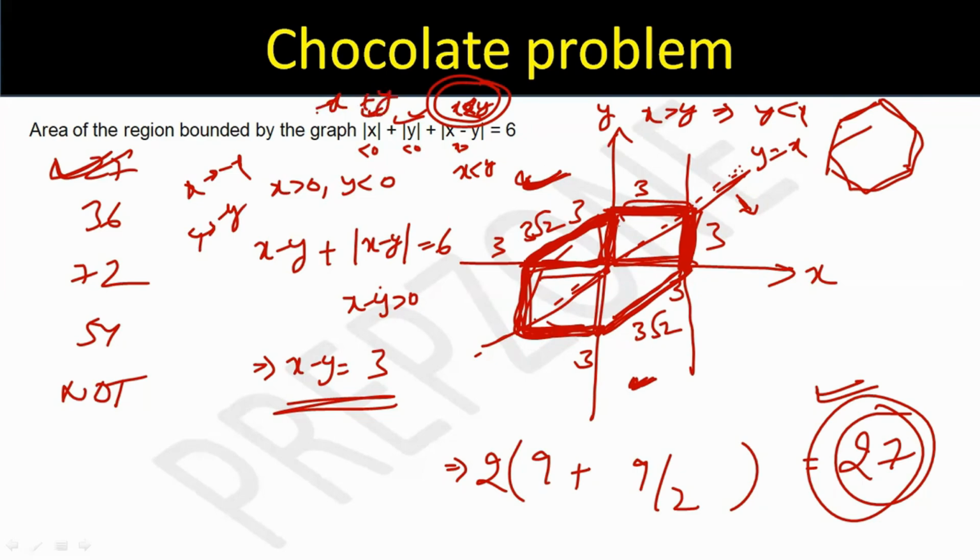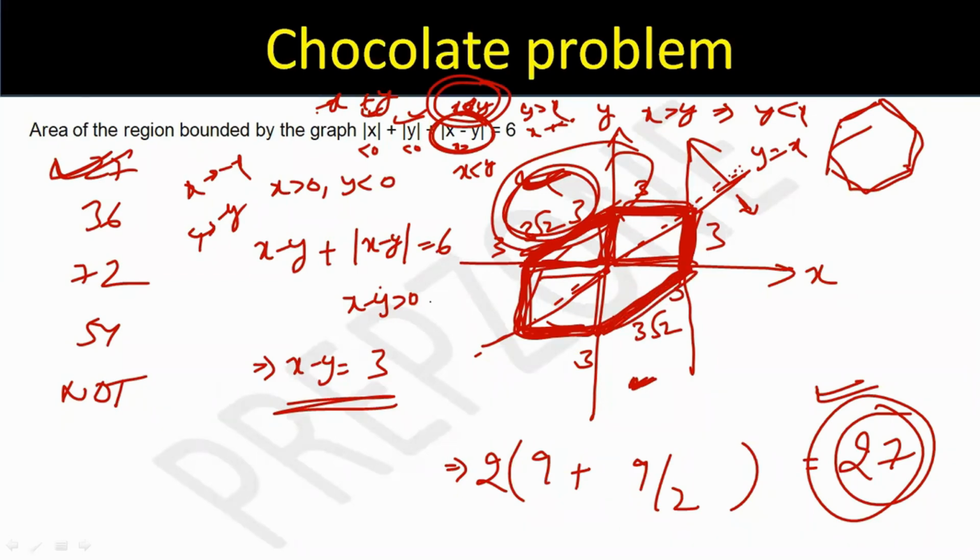Anything in the second quadrant is going to be above y equals x, which means y is greater than x, so x minus y will be less than 0, so you have to open it in a negative manner. Simplify it, you will get this line and then take its mirror image.